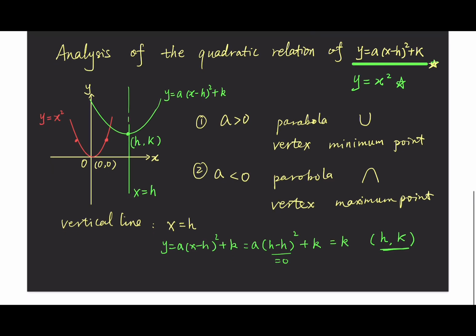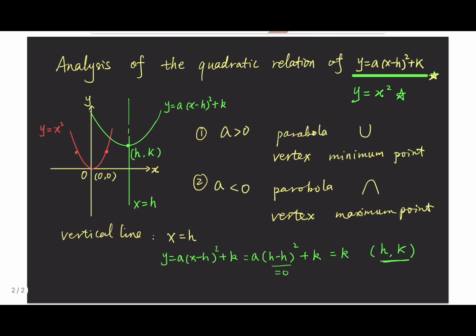Next, let's examine the vertex. Its coordinate should be (h, k).